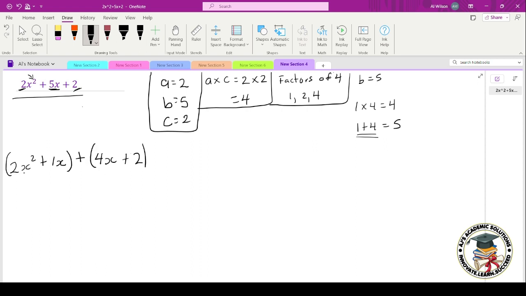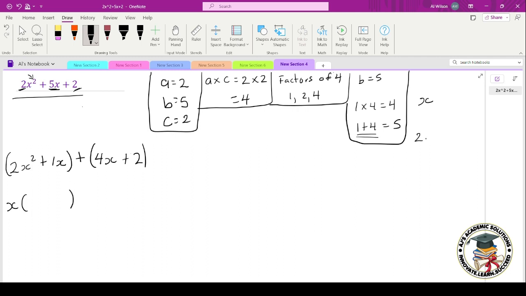Now in our 2x squared plus 1x, the common factor, or HCF, is x, which means our x goes outside, and we open our bracket.